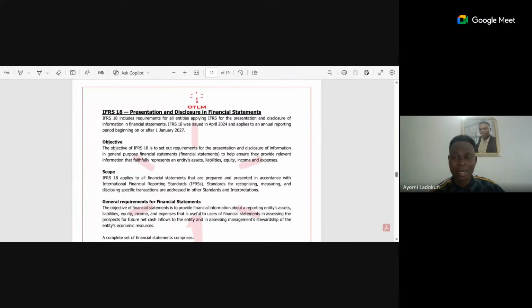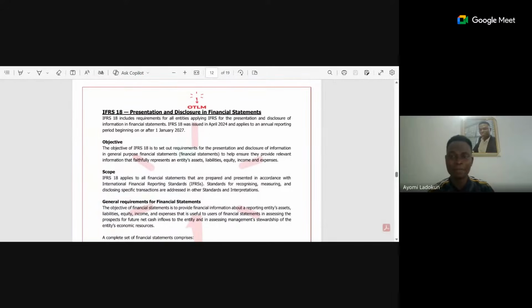I'll just quickly highlight some key areas that I think you need to be aware of around IFRS 18, the new IFRS 18, even though it's not effective yet, to be effective from 1st January 2027. I'm not sure whether they allow early application, but it has to be effective 1st January 2027, and we're saying 2025.